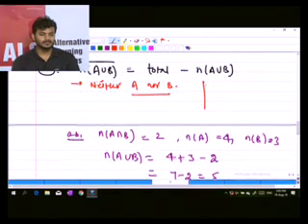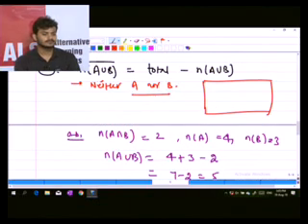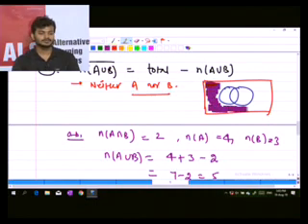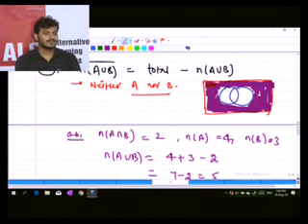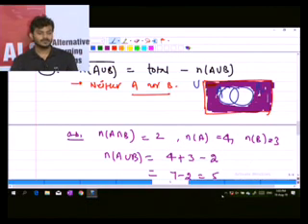In the diagram if you look, this is set A, this is set B, then this would be the region, neither A nor B. All right. Please note it down.